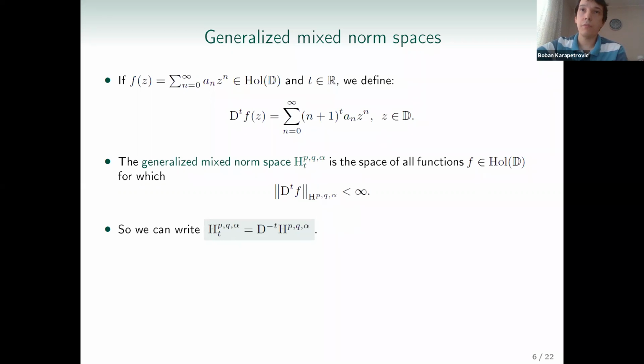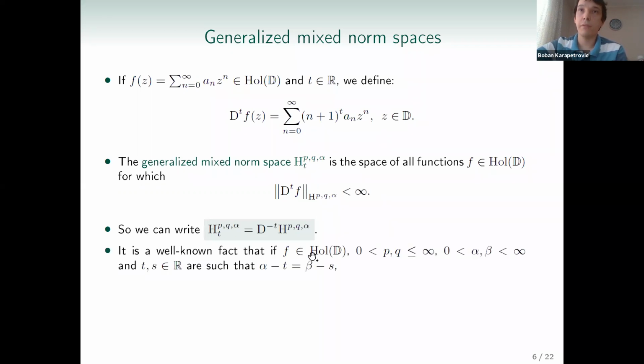And also we have one more important fact here. If again f is holomorphic in the unit disk D, and p and q are between 0 and infinity, alpha and beta are strictly between 0 and infinity, and t and s are real numbers such that we have this condition: alpha minus t is equal to beta minus s.